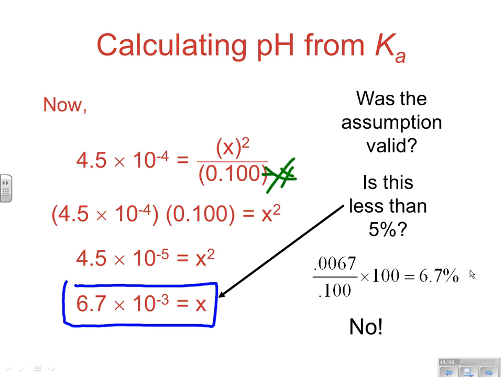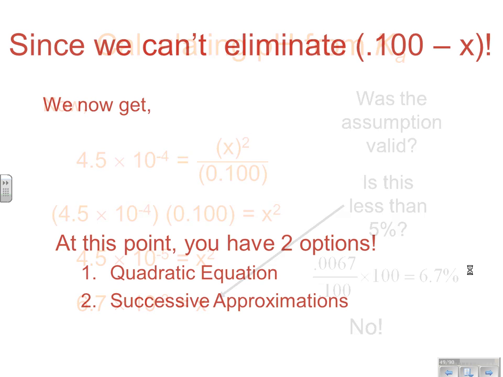It's going to be in the ballpark of what our actual X value is, and that would be what our H3O plus concentration is and our A minus concentration, our conjugate base of the weak acid. But it's not correct, and that's really what it comes down to. So if our percent is greater than 5%, then this was an invalid assumption. We can't neglect X. So that means you basically need to use the quadratic.